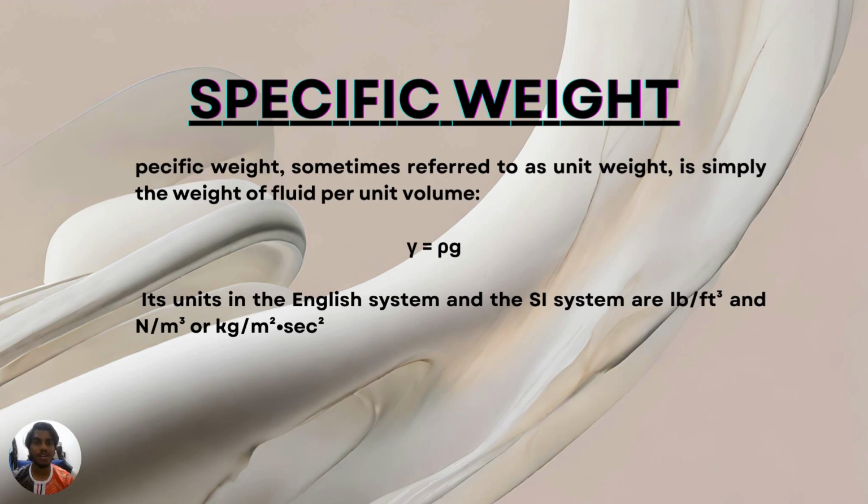For example, the questions will give the value of Sg of a certain substance, so we need to identify the specific weight of the substance. In order to do that, we can multiply the density times the gravitational acceleration. Its units in the English system and SI system are lb per feet cube and Newton per meter cube, or kilograms per meter square second square.